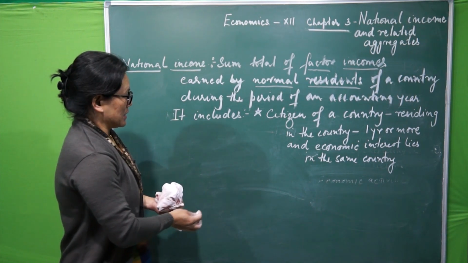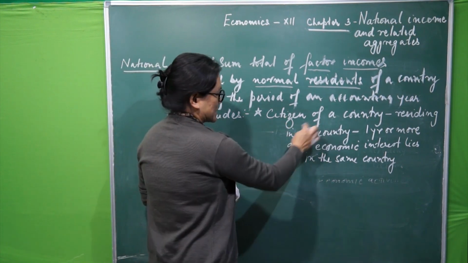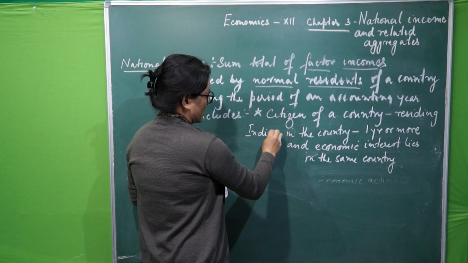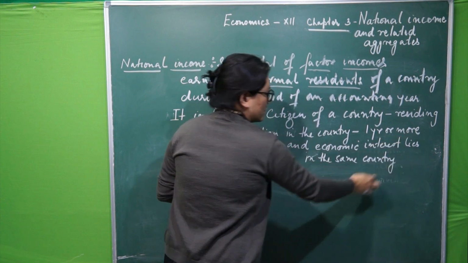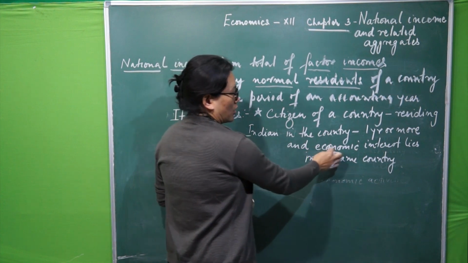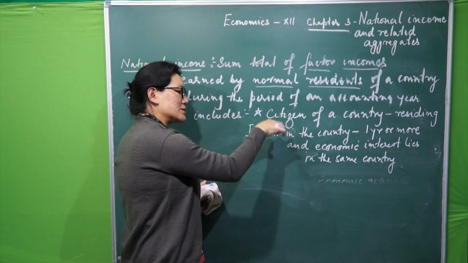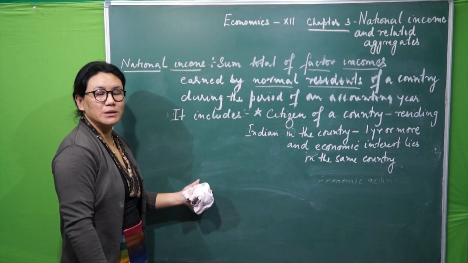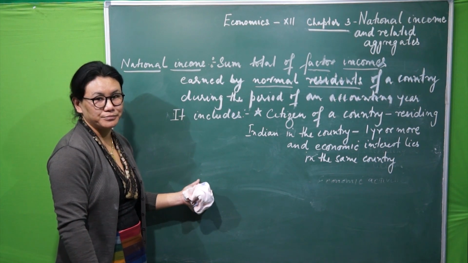Okay. So again, a citizen of a country residing in the country. Say for example, I will take an Indian living in India for 1 year or more than 1 year, and also his economic interest, that means he is performing his economic activities in his own country. Then that citizen will be a normal resident of India.